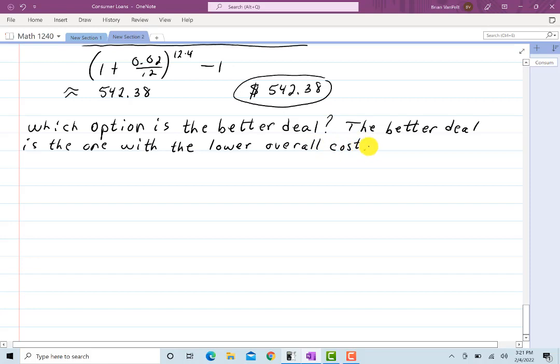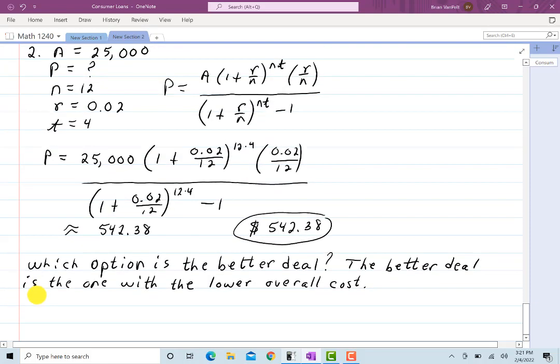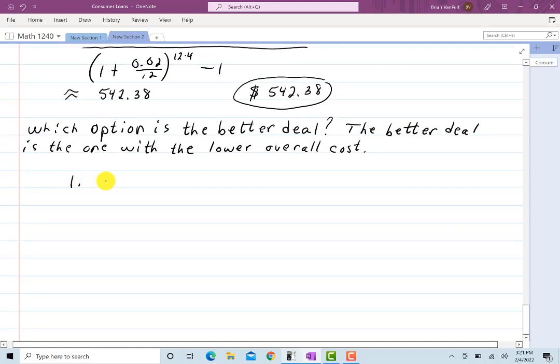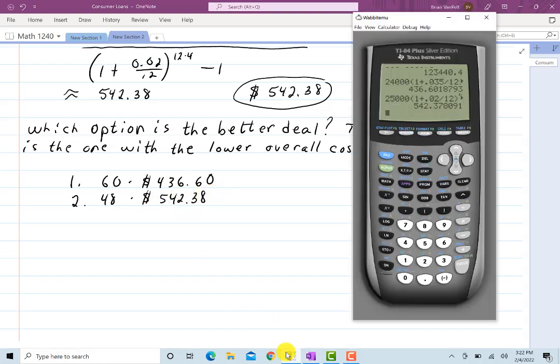That's what we want. So let's grab our payments here. Let's see if I can get them both on the screen. $436.60. So in option 1, I had 60 payments. Each was $436.60. In option 2, we had 48 payments, and each one of them was $542.38.